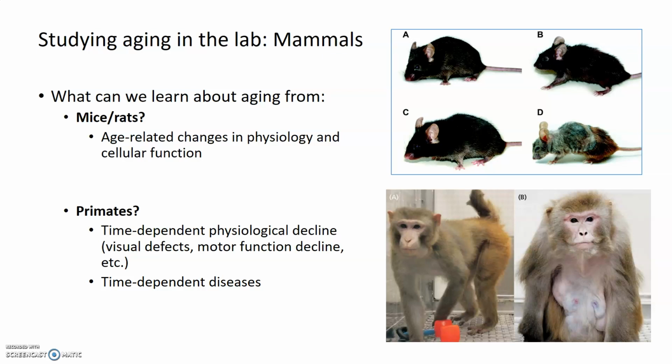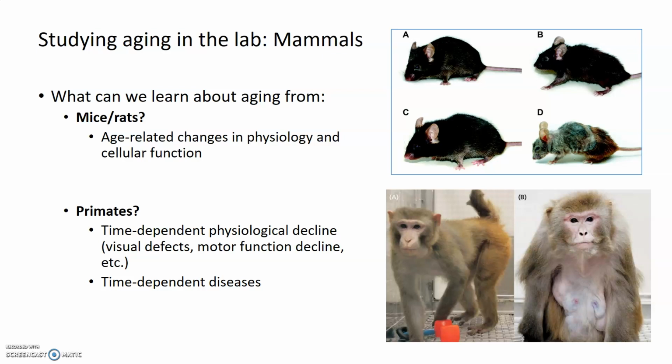And they do have this time-dependent or age-dependent decline in function that mimics humans' decline in function really well. And so primates like the macaques will have hearing and visual defects over time. They'll lose their motor function, their muscles will atrophy or get smaller, they'll have gray hair. And so there are a lot of different age-related phenotypes that we can study using primates.